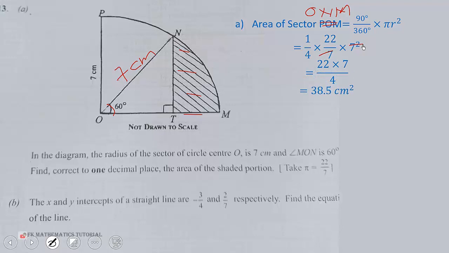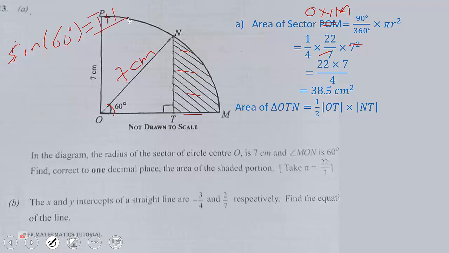Now, the area of triangle OTN is half base times height. So the base is OT, the height is NT. We can use trigonometry to find OT and NT. So sine 60 degrees will be equal to TN over 7.